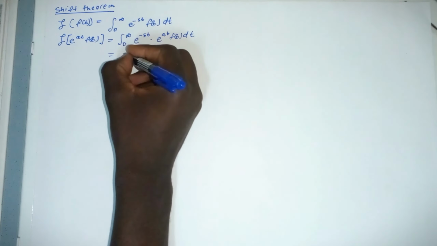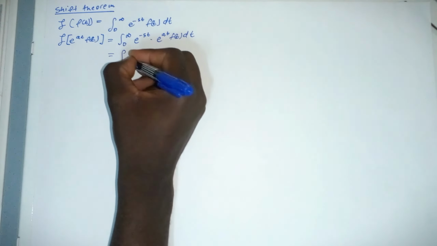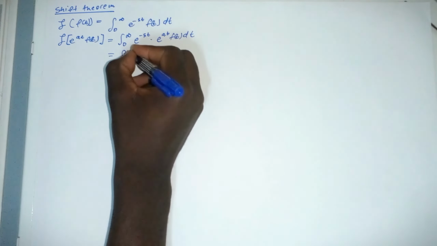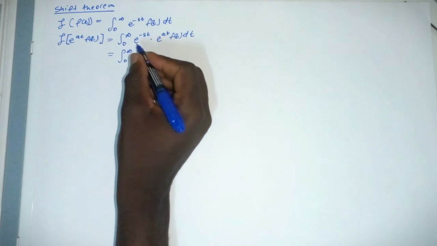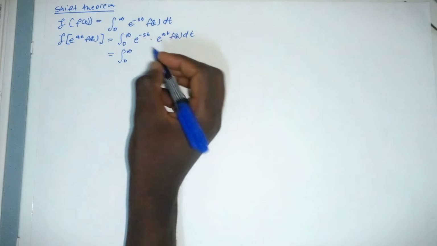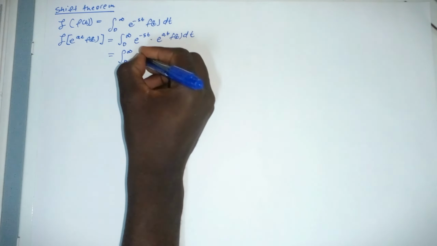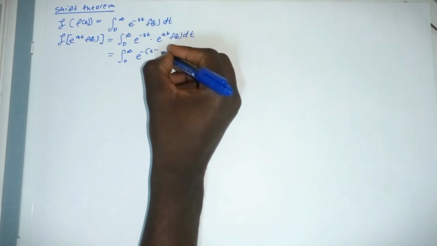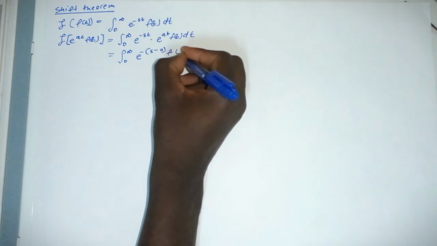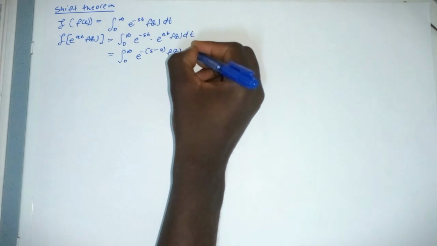It's going to be the integral from 0 to infinity, and we're going to add the powers here, and if you add your things correctly, and after that factorize, you're going to obtain e to the power negative (s minus a)t f(t) dt.